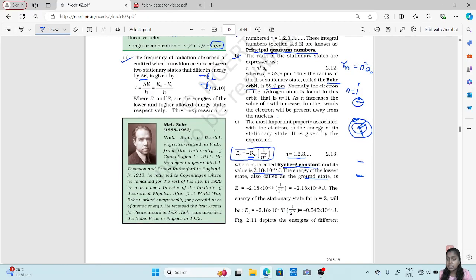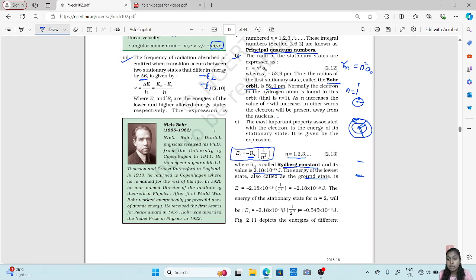Now it is the ground state, right? So it will be E1, the first one. E1 is equal to minus RH, whose value we know is 2.18 x 10^-18, multiplied by 1 divided by n squared.